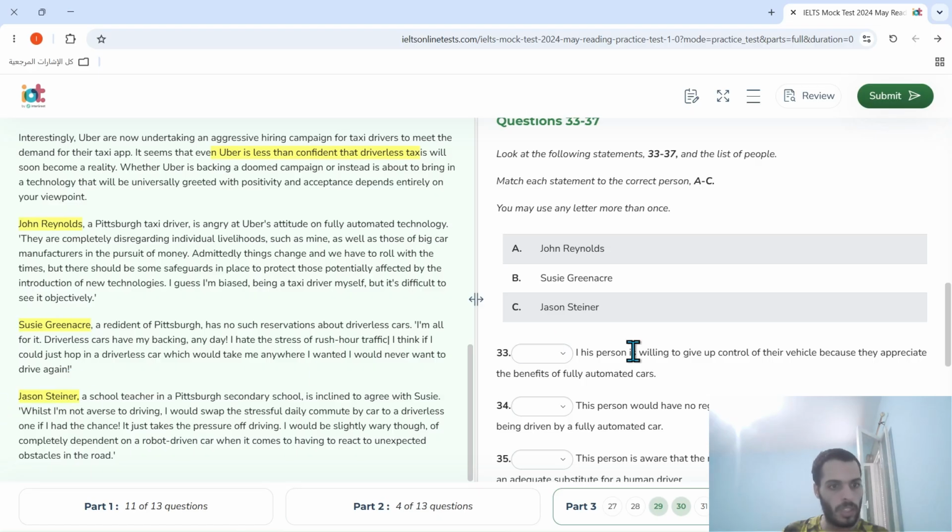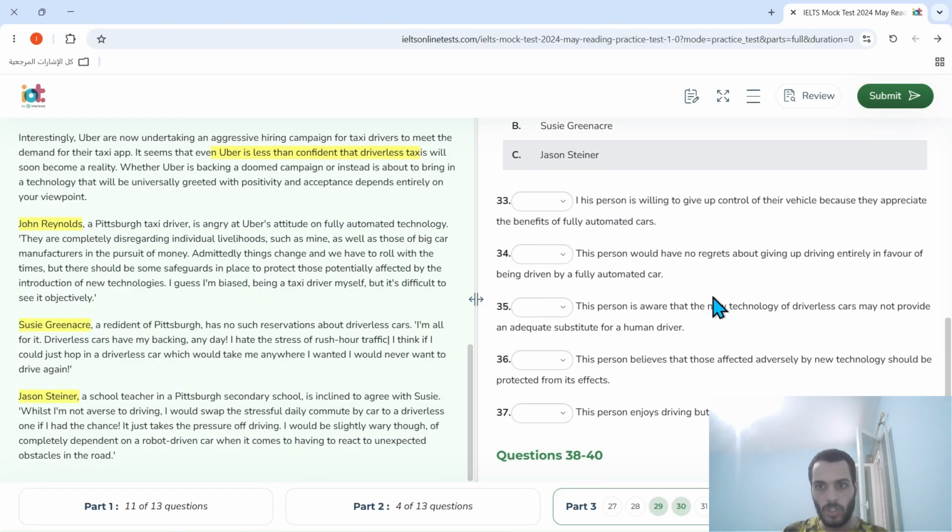Okay. So this person is willing to give up control of their vehicle because they appreciate the ability of fully automatic cars. This person would have no regrets about giving up driving entirely in favor of being driven by a fully automated car. Has no such reservation about driving this car.